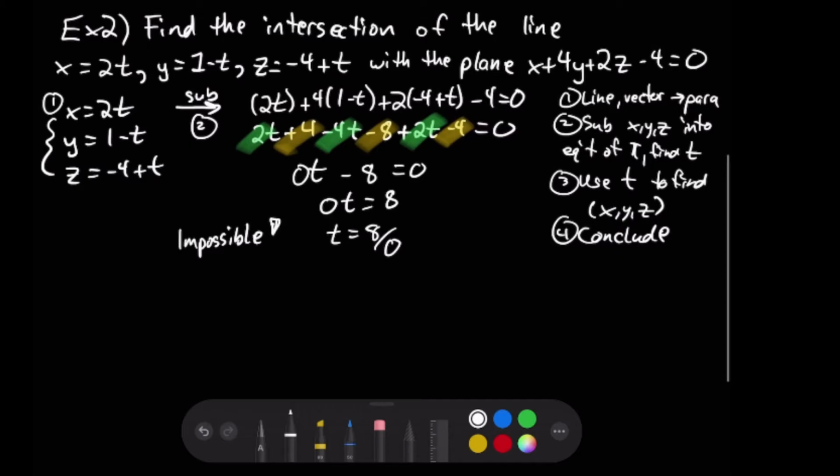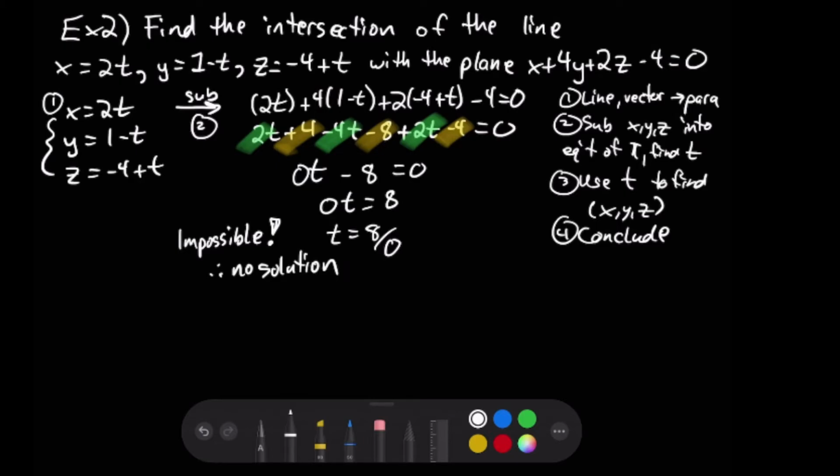Impossible. So what does that tell us? How come we've reached a point where this is impossible? That's because we're doing the calculation to find the point of intersection between our line and our plane, and if there's no real value that allows that to be true, that means there is no point of intersection. So this means, therefore, there is no solution.